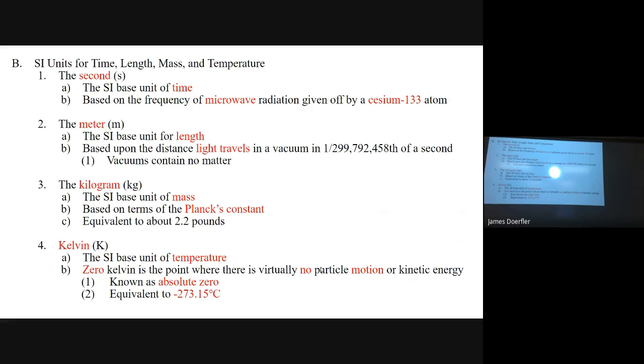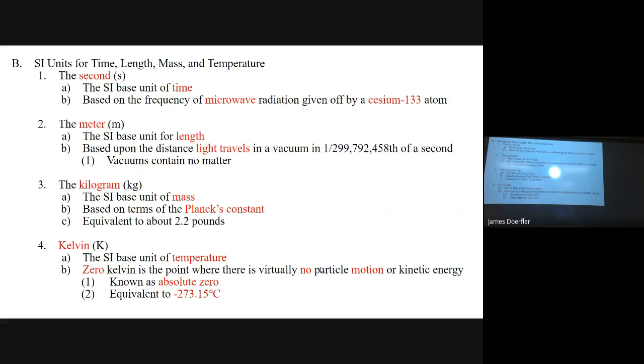So again, another bit of trivia. Based off of that, light travels pretty fast. In fact, light travels 3.0 times 10 to the 8th meters per second.